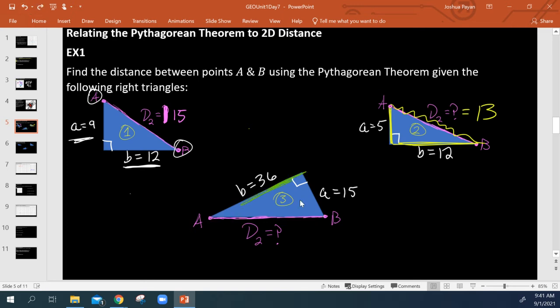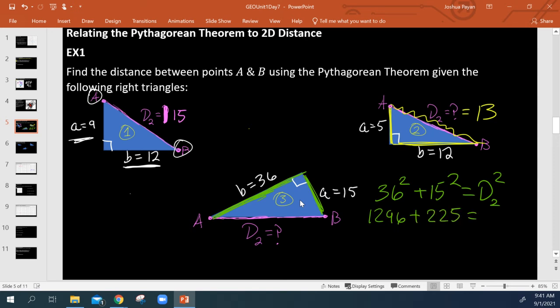Anyway, leg squared, it doesn't matter what order you do it in, plus other leg squared is equal to our two-dimensional distance squared. Okay, so 36 squared is going to give me a huge number, 1296, plus 15 squared, which is 225. And that's equal to our two-dimensional distance squared.